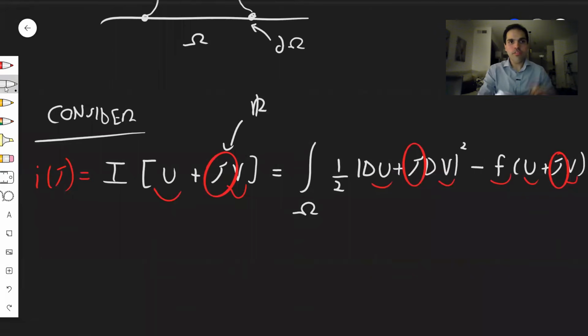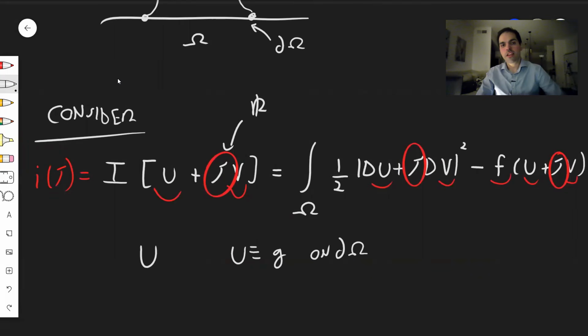And before I move on, remember there was this admissible class. So we said u was in the admissible class. So u was infinitely differentiable, and u is identically equal to g on the boundary. And v was defined as just being 0 on the boundary.